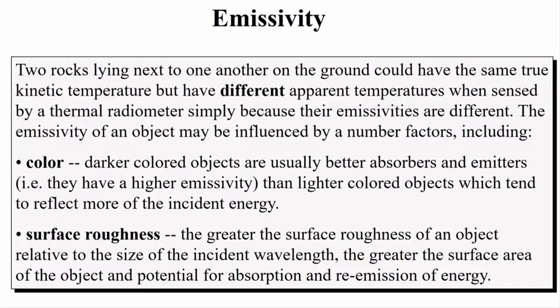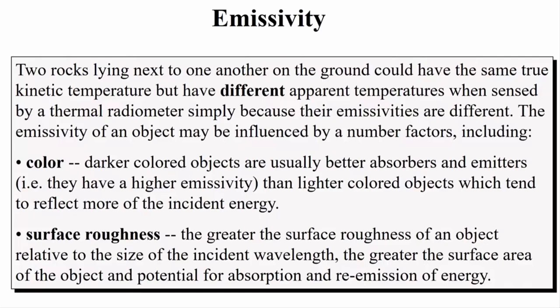Darker color objects are usually better absorbers and emitters because they have higher emissivity in comparison to lighter color objects, which tend to reflect more of the incident energy. When an object reflects more thermal infrared, it is a poor absorber, and if it is a poor absorber, it will be a poor emitter.